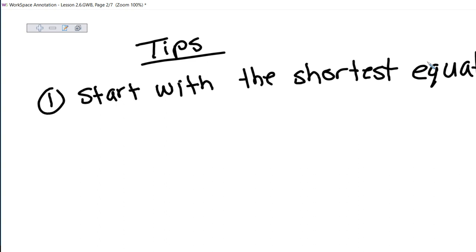So start with the shortest equation or equations. And my second and final tip will be to look for 0 pairs.